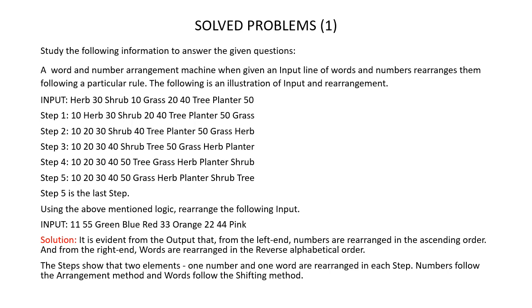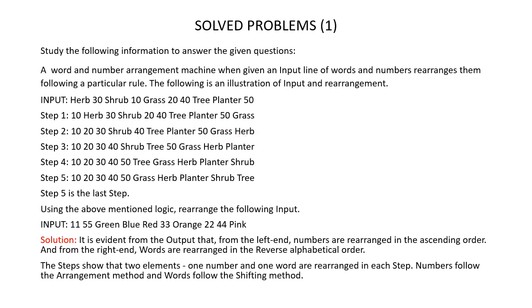Also, the steps show that the rearrangement is done in the reverse order as is given in the output. As you can see in step 1, the first word that is rearranged at the right end is grass. And in step 2, the word that has been rearranged is herb.